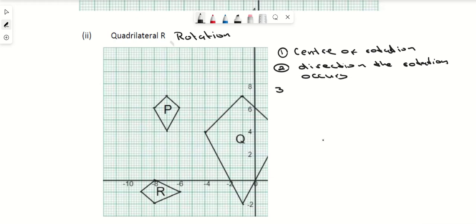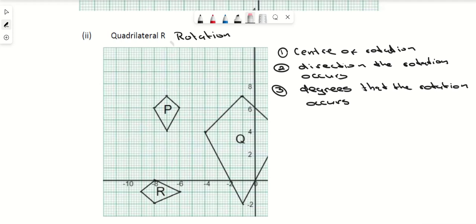And the third thing you need to know is the degrees that the rotation occurs. So in this, you will need your protractor for sure.